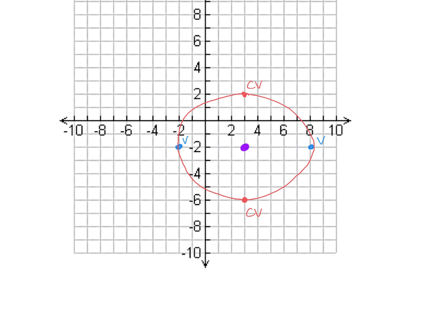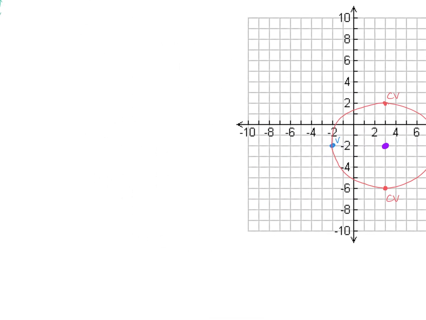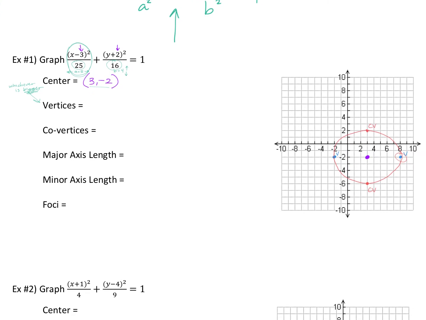Okay, now you have options here. You could just graph it and then name those points, right? My vertices right now are 8, -2, and -2, -2. Okay, you could just do it that way.